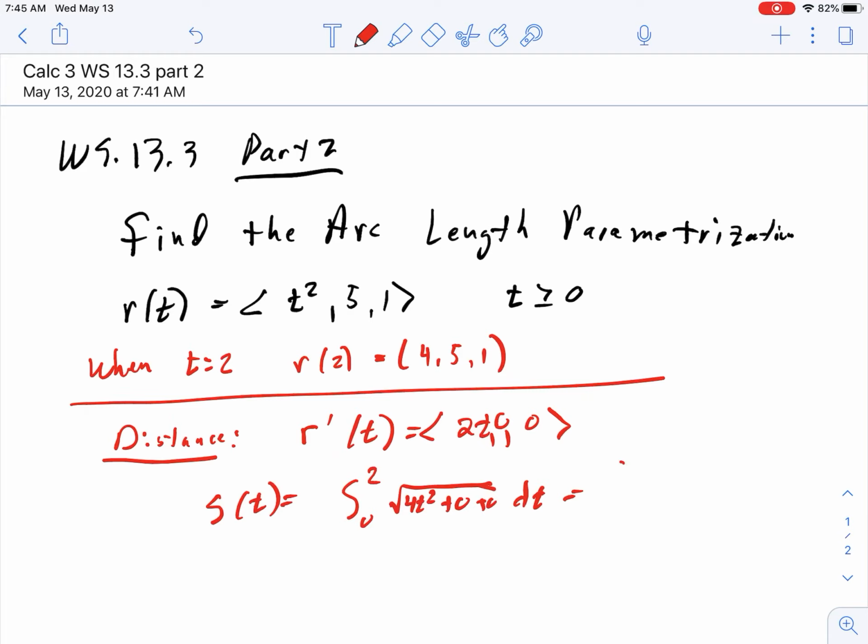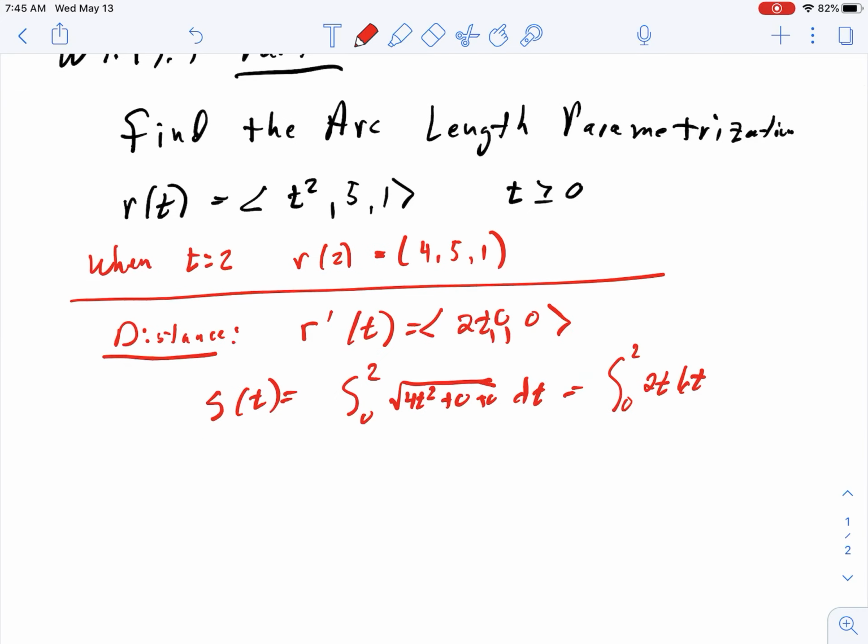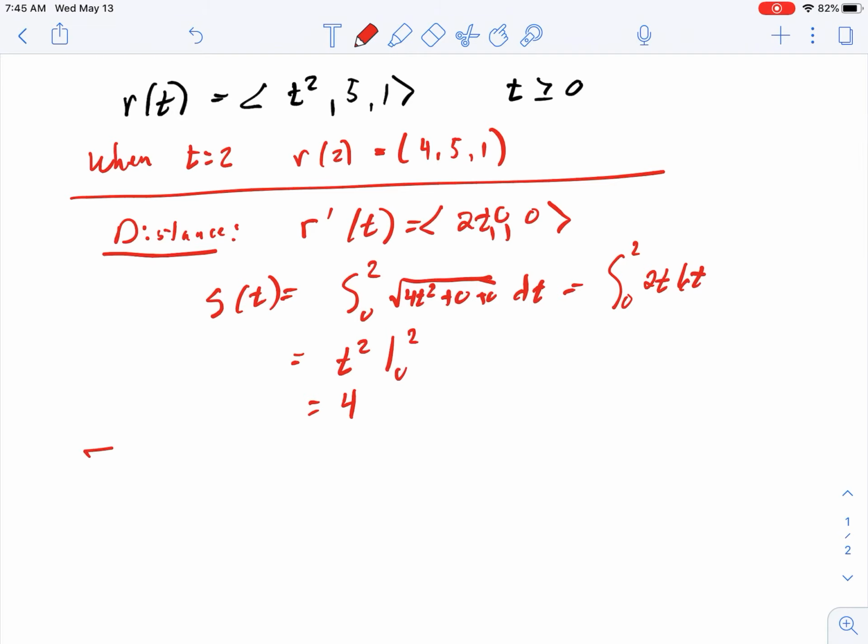Cleaning this up, this is the integral from 0 to 2 of 2t dt. So it would be t squared from 0 to 2, which is 4. So there's your distance.